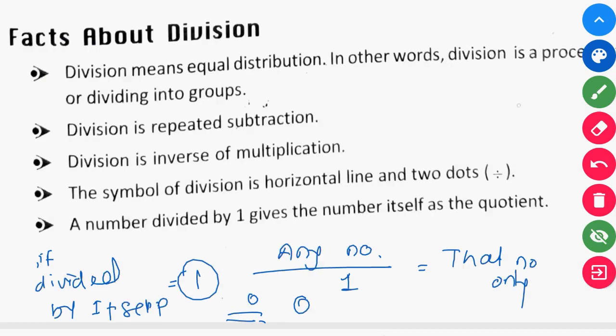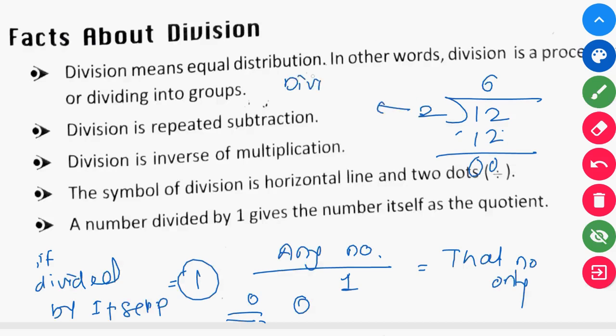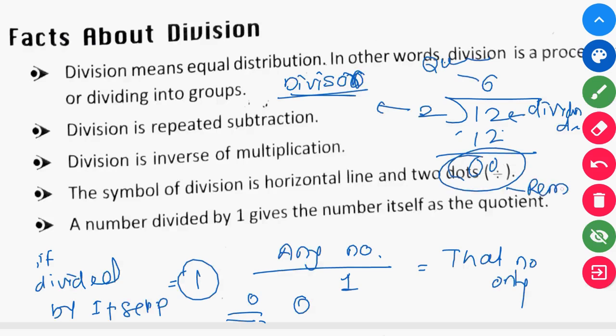Now in division, suppose I am dividing 12 by 2, so 2 sixes are 12. In the division, this 2 is known as the divisor, which is dividing the number. This is known as the dividend, which gets divided. This is called the quotient, and this 0 is called the remainder.